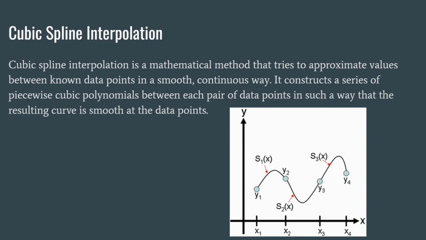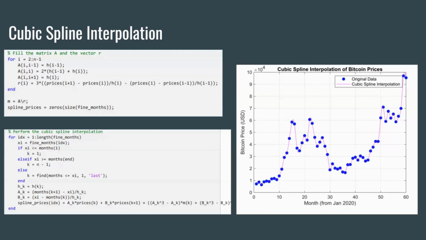It constructs a series of piecewise cubic polynomials between each pair of data points in such a way that the resulting curve is smooth at the data points.